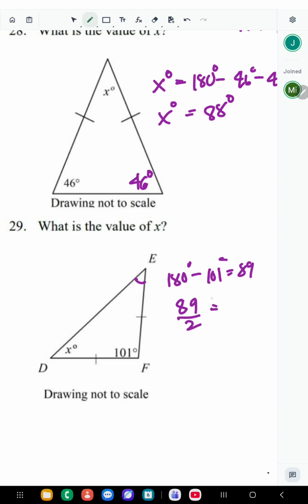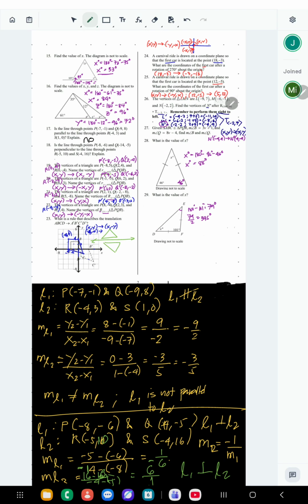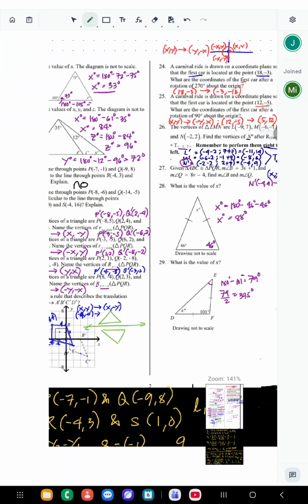Yes, you're right, so you divide by 2. It's 79, not 89. Yeah, this is 79. Divide by 2. So that is 39.5 degrees. Alright, so we're done answering all of this page.